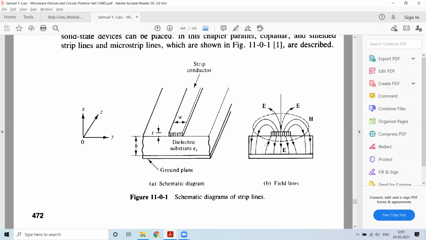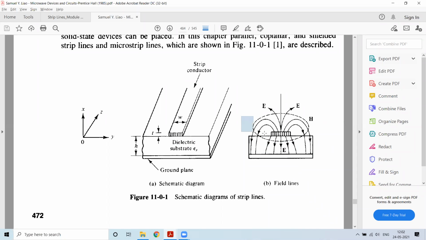Now, if you just observe, these field lines are not confined only within this substrate. They are actually present even outside. If they were confined within, we would term that as transverse electromagnetic waves, TEM waves. But it is not entirely confined within.